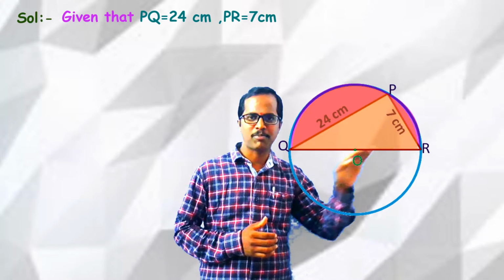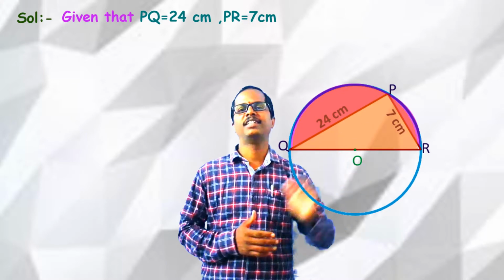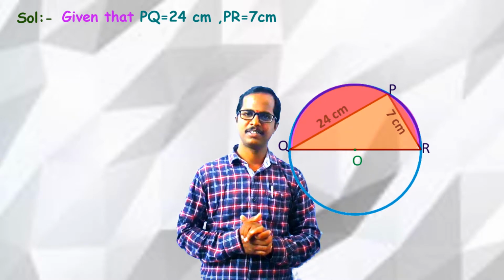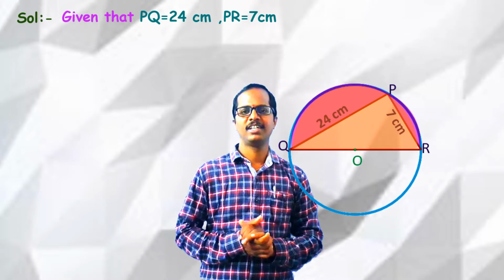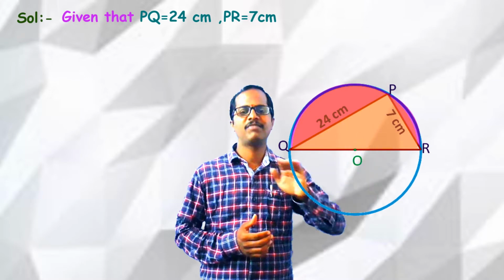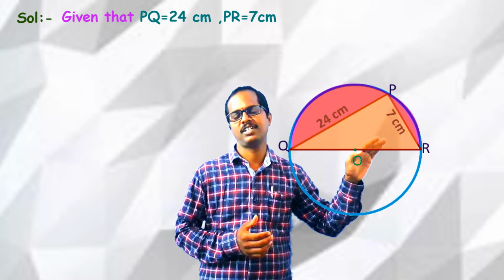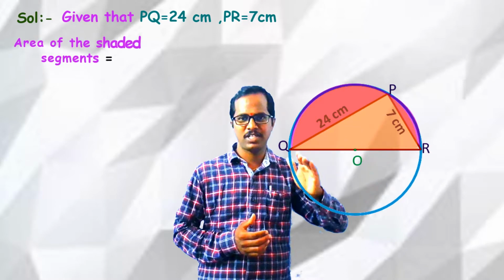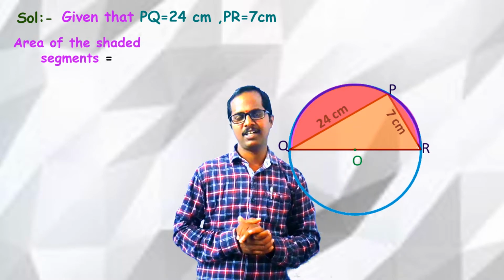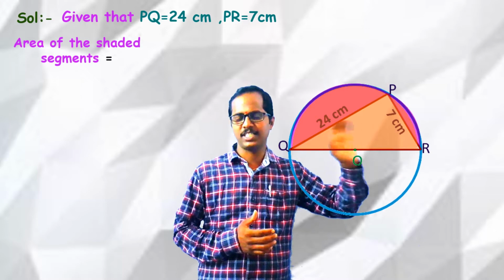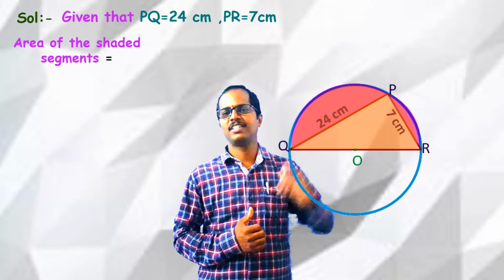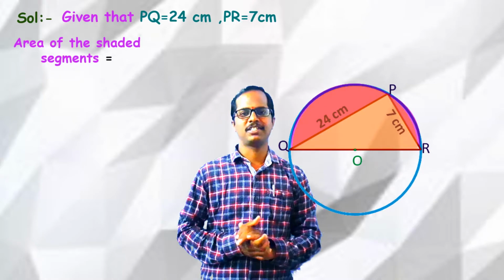Now using this, we can find the area of the shaded segments. How? It is very simple. Just find the area of the semicircle first, and after that find the unshaded portion, that is the area of the triangle, and if we subtract the area of this triangle from the area of the semicircle, then we can get the area of the shaded segments.